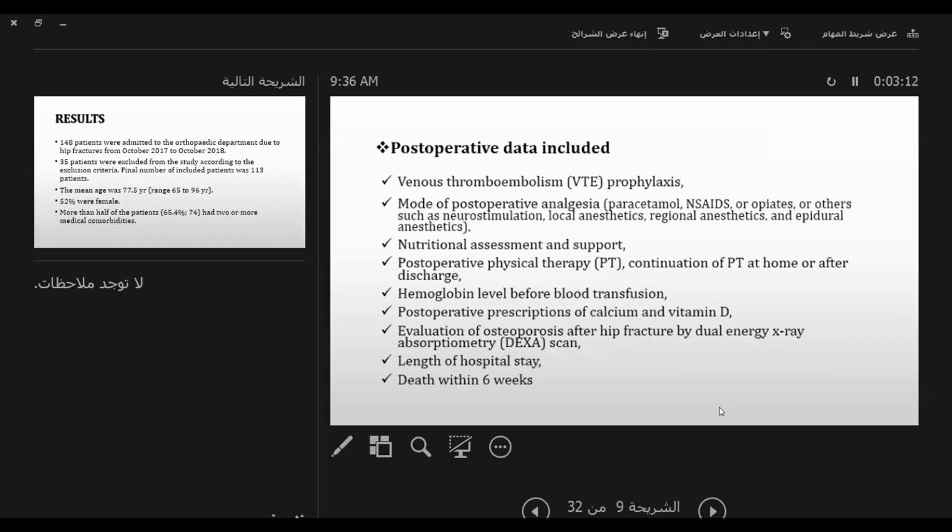Post-operatively, we documented venous thromboembolism prophylaxis, mode of post-operative analgesia, nutritional assessment during hospital stay, post-operative physical therapy, and continuation of physical therapy after discharge. We also recorded hemoglobin level before blood transfusion, post-operative prescription of calcium and vitamin D, evaluation of osteoporosis by DEXA scan, and finally, the length of hospital stay and death within 6 weeks.